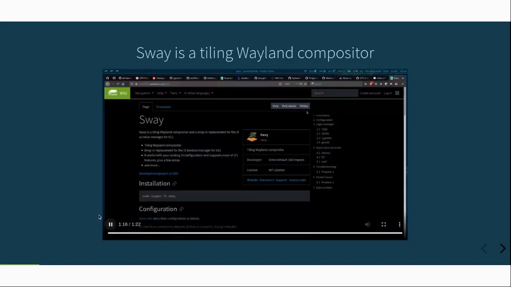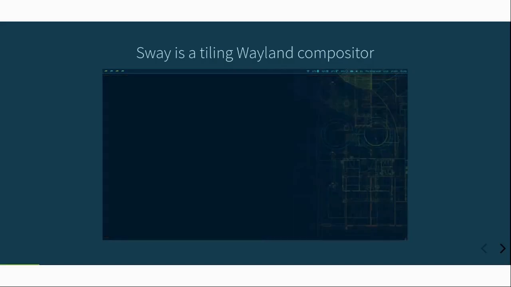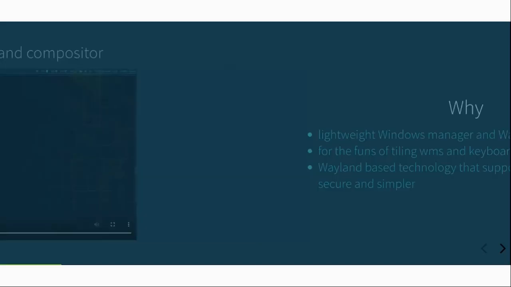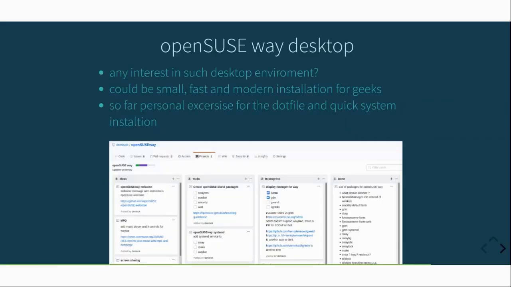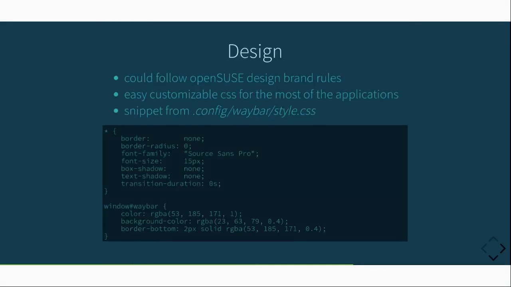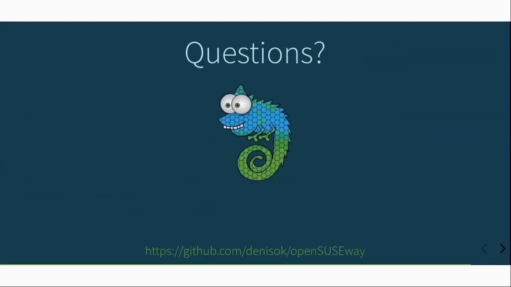I cannot show it here really well, but I use a multi-monitor solution, and that works pretty fine for me. I have different workspaces, and I can switch between them really easily. But I'm not really good at design, so I just try to do something that looks like openSUSE, but yeah, I'm really bad at designs and CSS files.